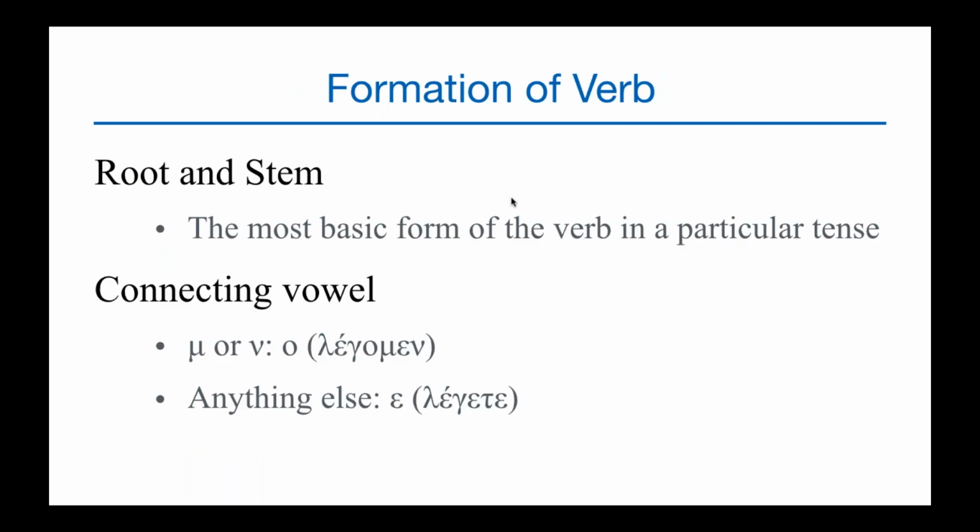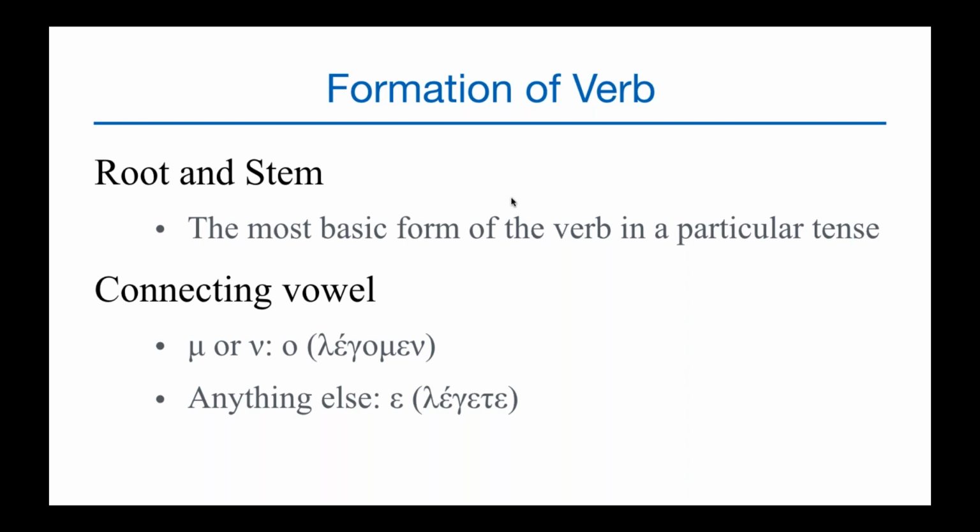We already mentioned this. The most basic form of a verb is the root. The stem is the most basic form in a particular tense. And then these are the rules of how you know whether to use an omicron or an epsilon. If it's a mu or a nu, you use an omicron. Anything else uses an epsilon.